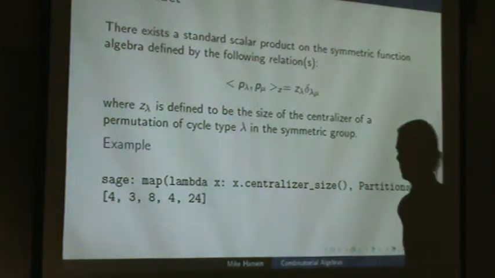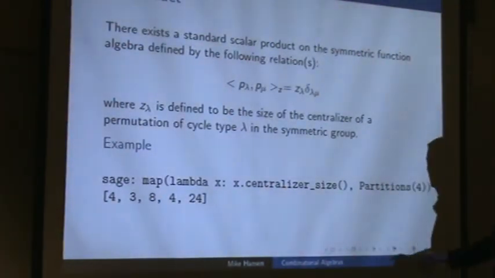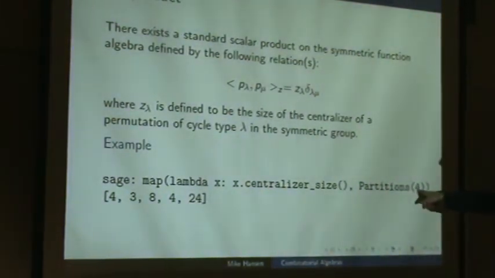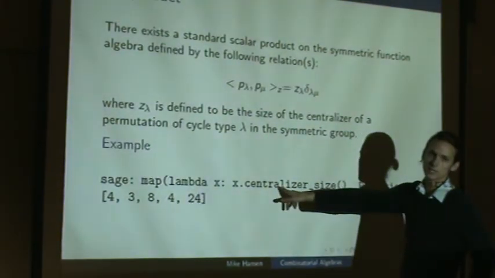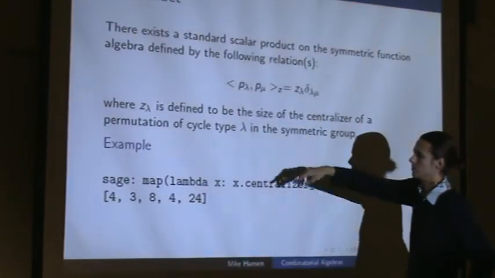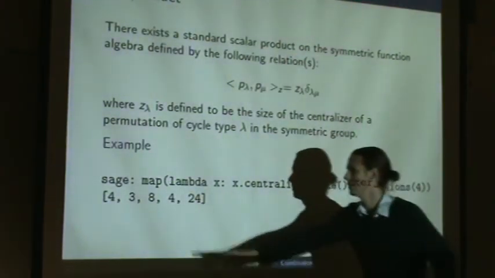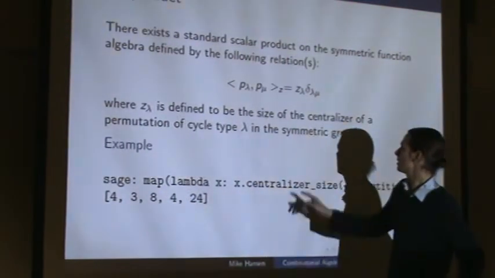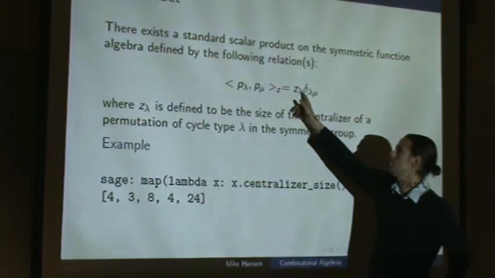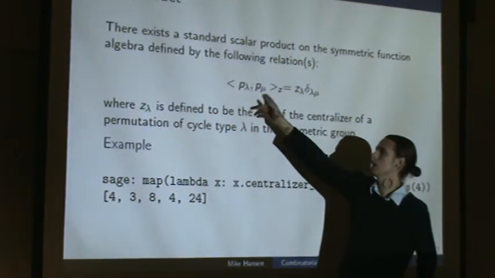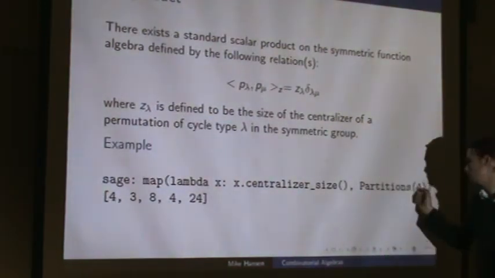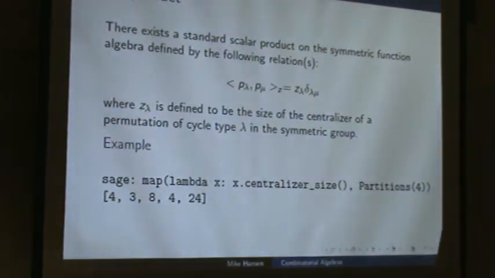So here, I take the partitions of size 4 and then map them all to the size of the centralizer of a permutation of that type, and you'll get 4, 3, 8, 4, 2, 4. So these are the values that are going to appear here when lambda and mu are partitions of 4.